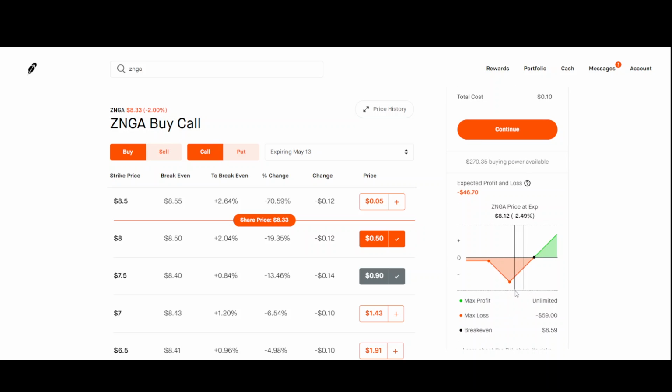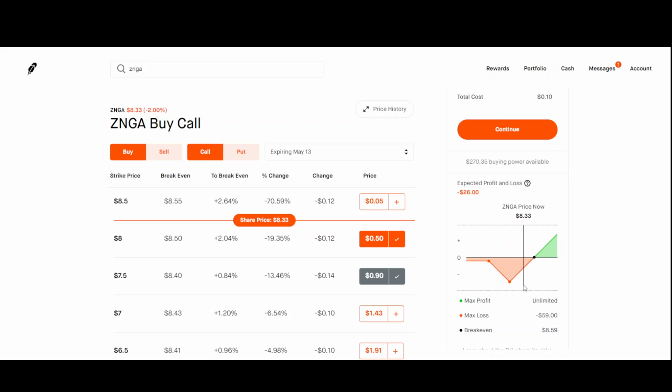Your max loss should be limited right here at this dot of negative $59. Your max loss is at the exact 8 price point because of the calls that we sold at $8. If you want to move around your max loss point, you move around where you're selling your calls, and that'll move this max loss around.